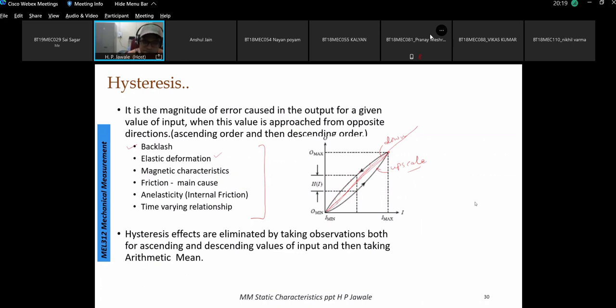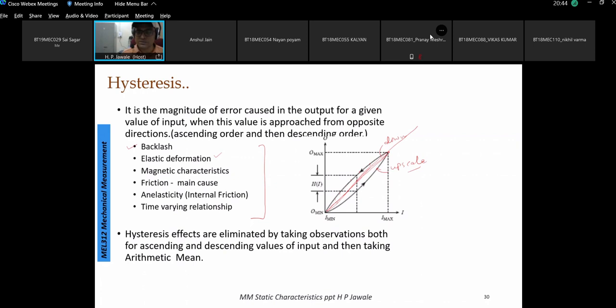Okay. Then hysteresis effects are eliminated by taking the observations. It's a very simple way to know how much error or how much deviation has occurred because of hysteresis. I go on the experimentation and take the readings, so that upscale readings and downscale readings are taken, and then the characteristic is plotted.